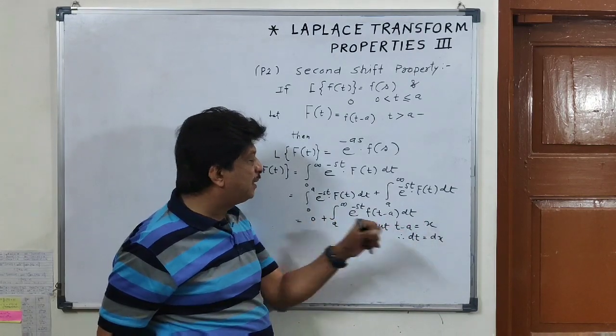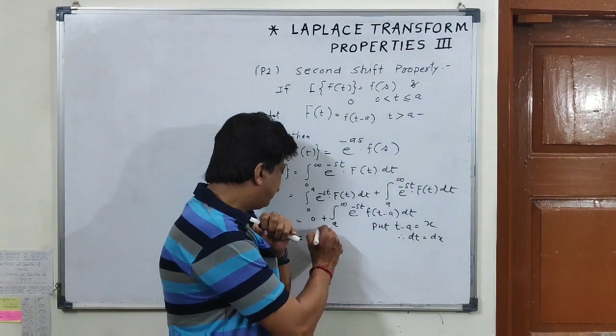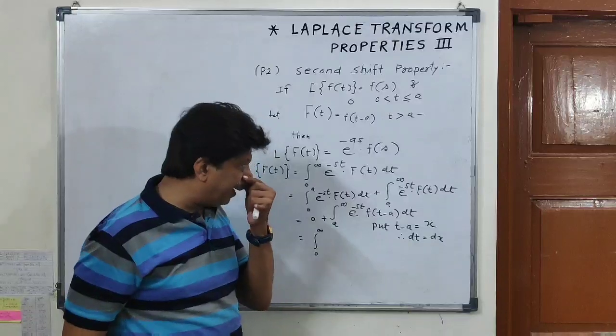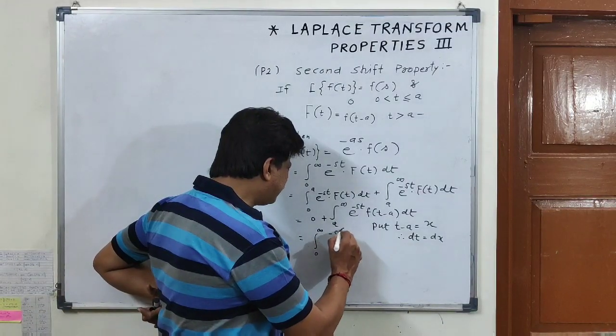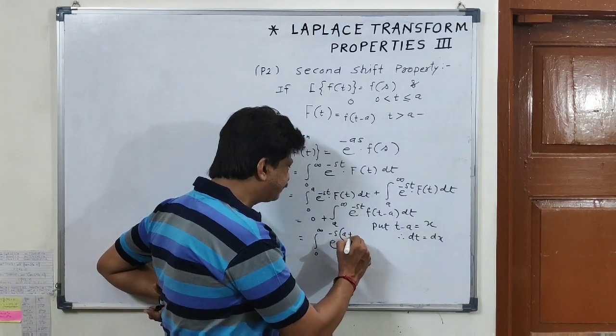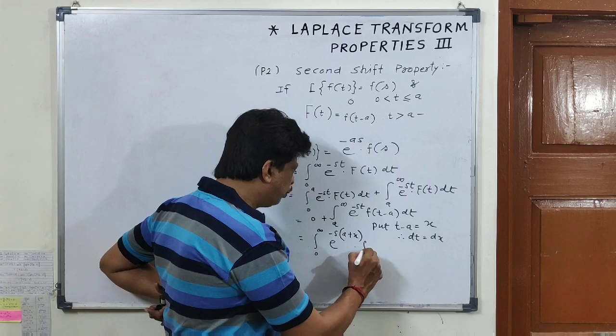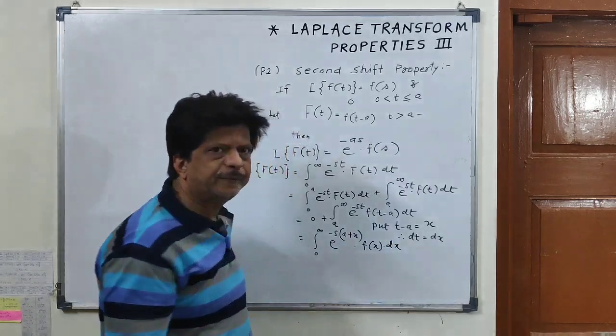When t is infinity, x is infinity, so these limits reduce to 0 to infinity. e raised to power minus s into, what is t? t is x plus a, into f of x, and dt is dx.